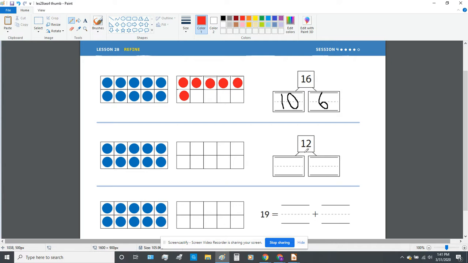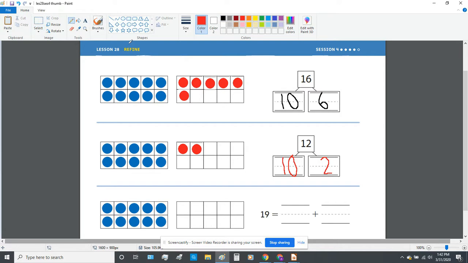12 can be made up of 10, oops, I'm still using red, and the extras is 2, very good. 10, and then 2 more. You're going to show 2 more into this empty tens frame. 10 and 2 more. Now at the bottom, they split it up into an addition statement, but you're doing the exact same work.